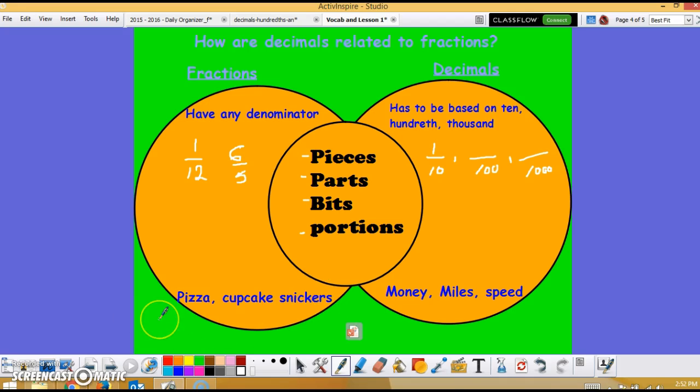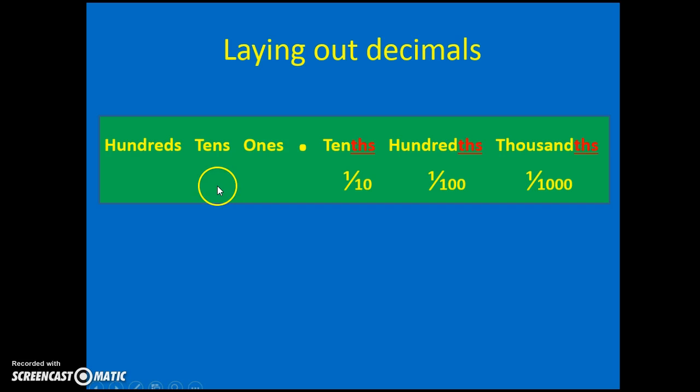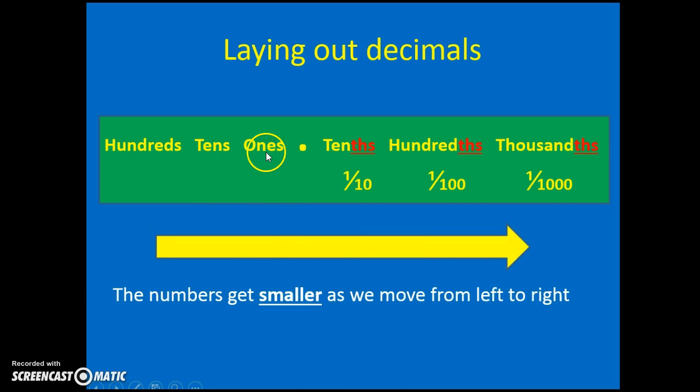So let's take a look at the place value chart. As I had previously mentioned, decimals and fractions are very much the same. In fact, when you start thinking about decimals as place value, you're going to see not only how they're similar to fractions, but also to place value. Let's take a look. We remember that in place value it starts with ones, then the tens, then the hundreds, and from right to left the numbers get bigger.